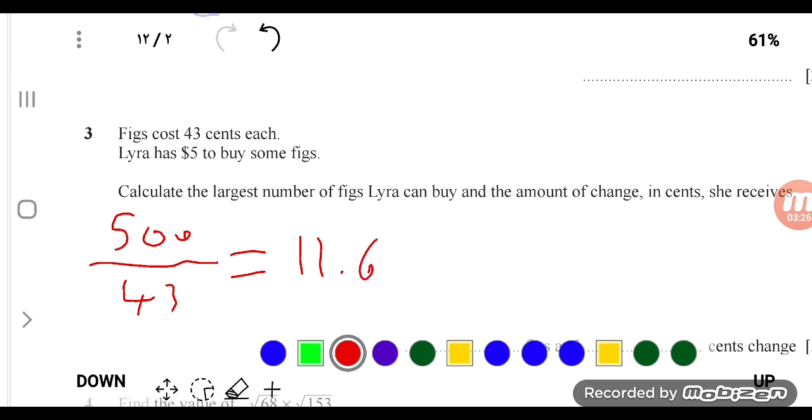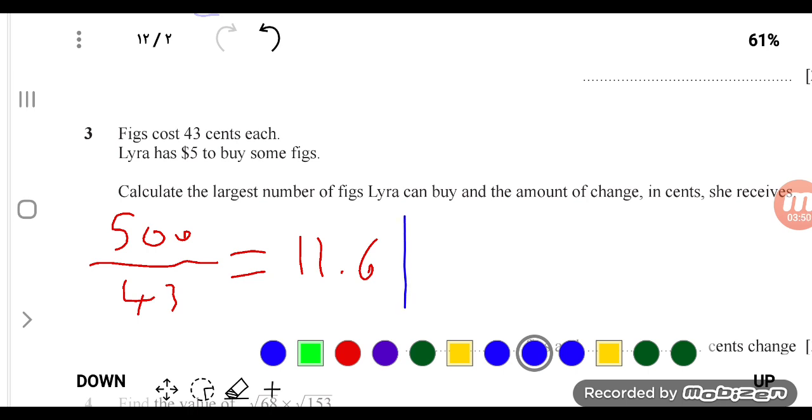11.6. Of course, she cannot buy 0.6 of a fig, so she can buy 11 figs. And 11 figs, each one costs 43. This means the money she's going to pay is 11 times 43.